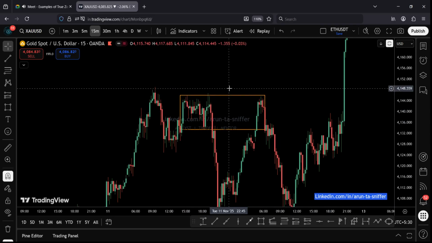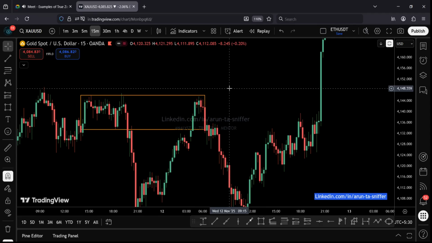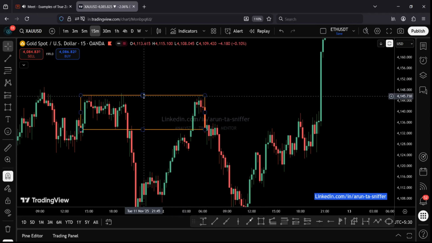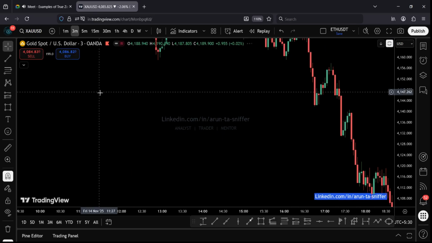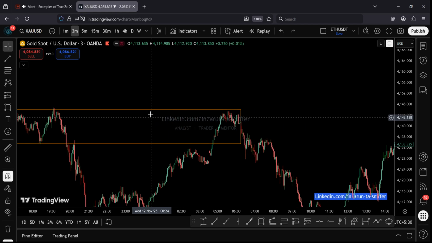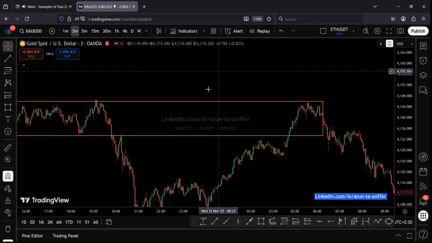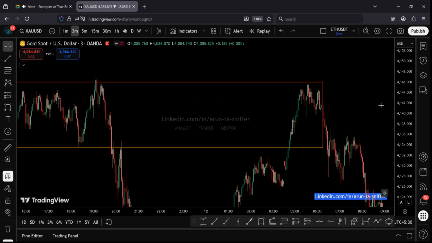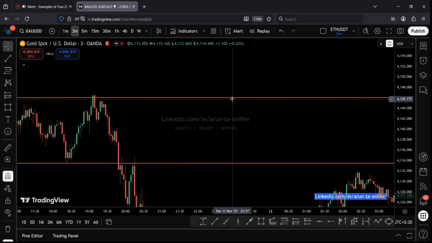So what we'll do? We will go to a lower time frame. Why? Our DP is not clearly visible from here, so we will go to the lower time frame like 3 minutes and try to find the DP here.